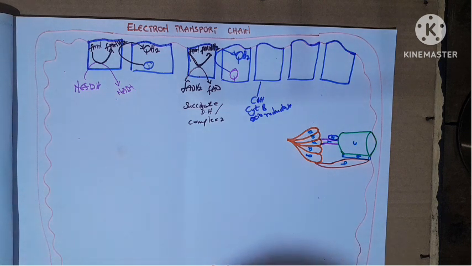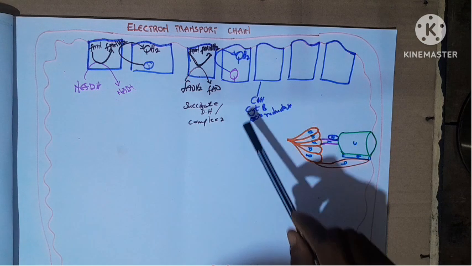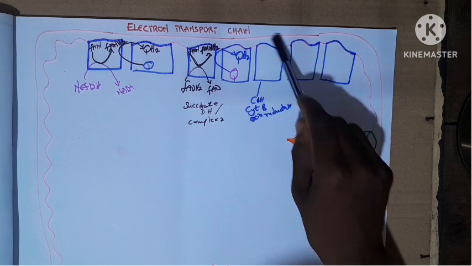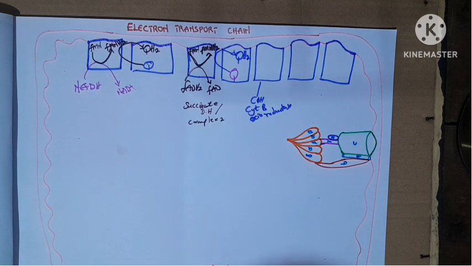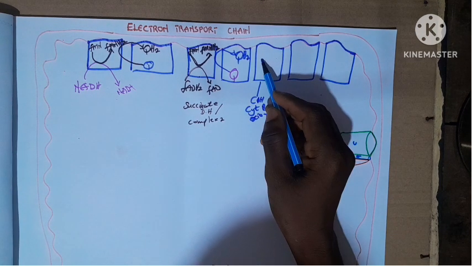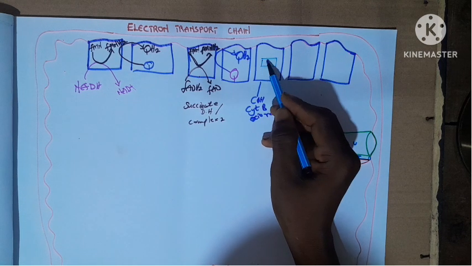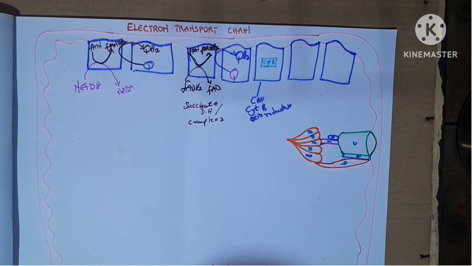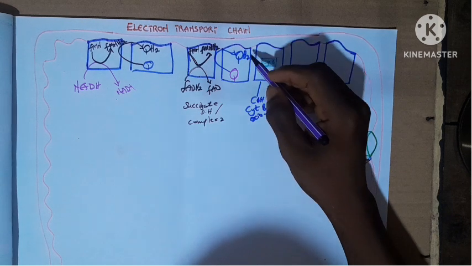And this QH2 is going to pass the electrons to this cytochrome b. So the QH2 will react with this cytochrome b.